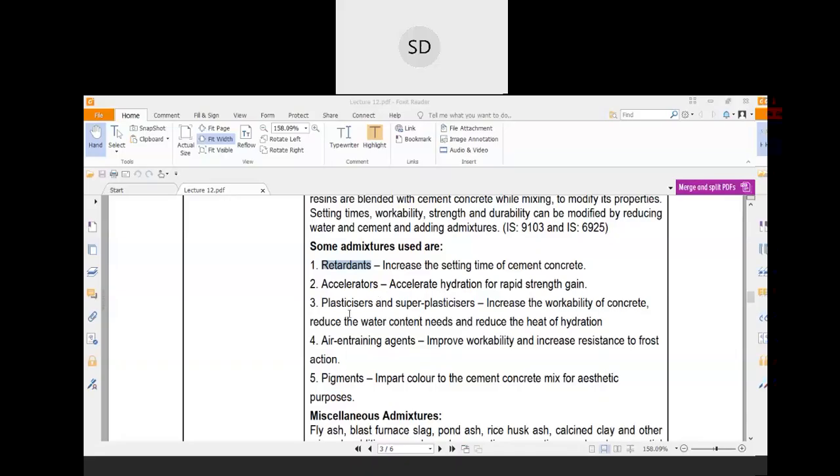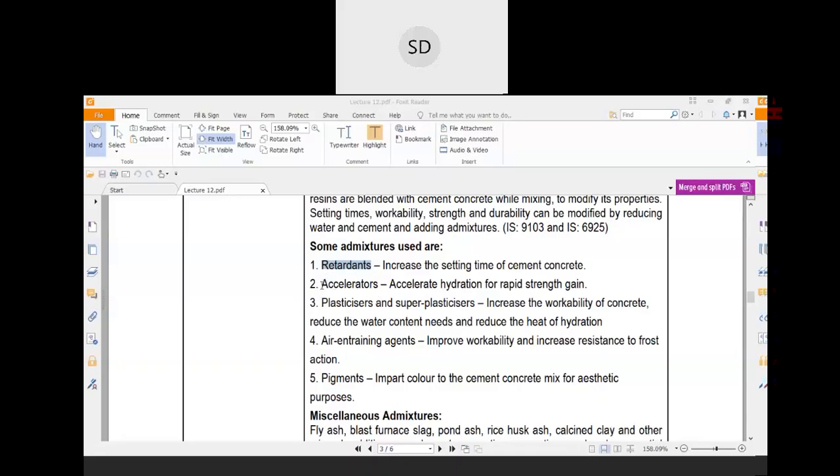So in that case, you will use retardants. By doing so, the setting time of the cement will increase, and you can easily transport the cementitious material to your site location and use it for your construction.